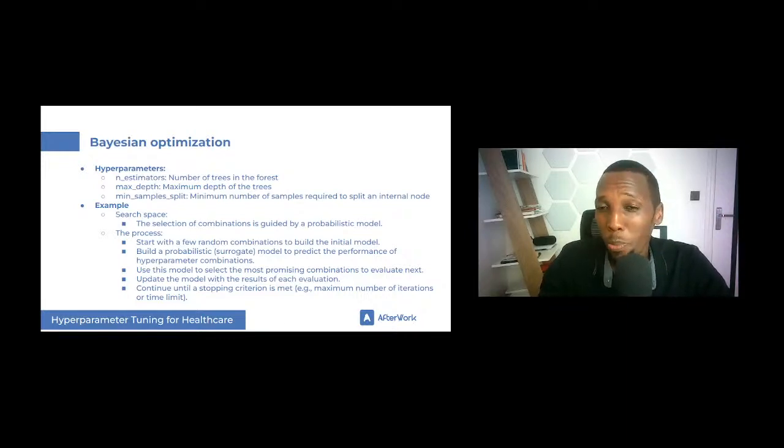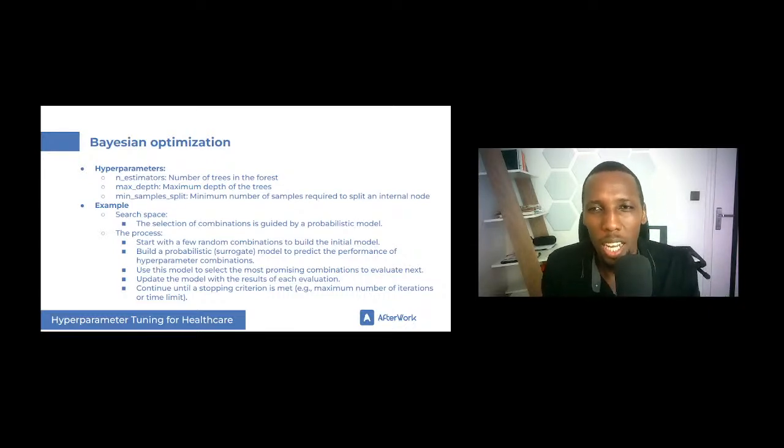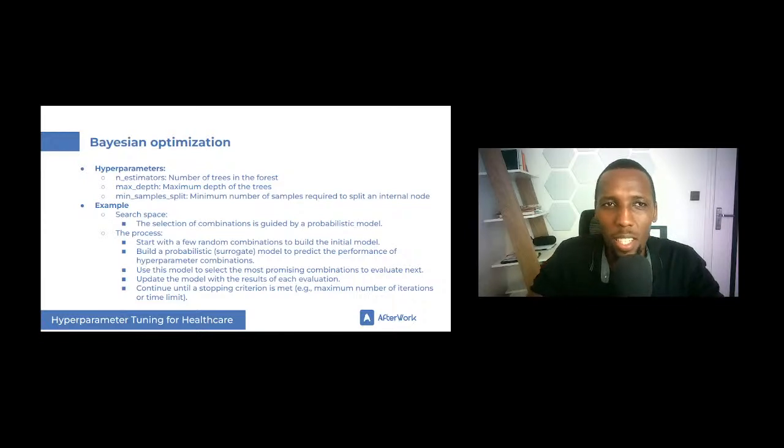So if a combination of hyperparameters, based on the assessment of the surrogate model, does not lead to a better performing model, it won't try out that particular set of combinations. It will try out those combinations that mathematically look promising.